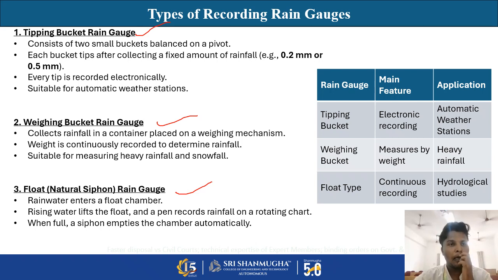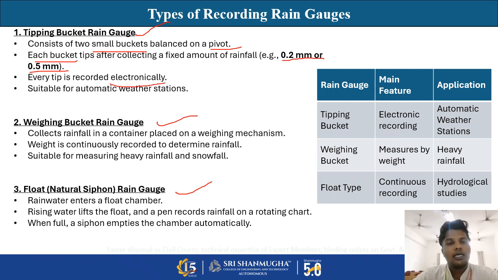The first one is the tipping bucket rain gauge. It consists of two small buckets balanced on a pivot. Each bucket tips after collecting a fixed amount of rainfall, for example 0.2 mm or 0.5 mm. Every tip is recorded electronically.